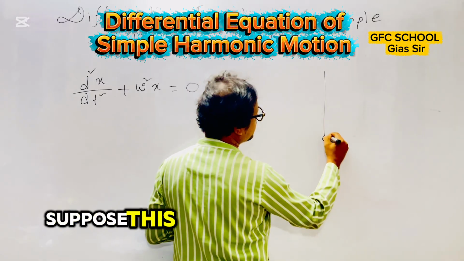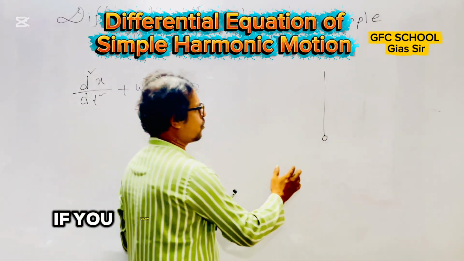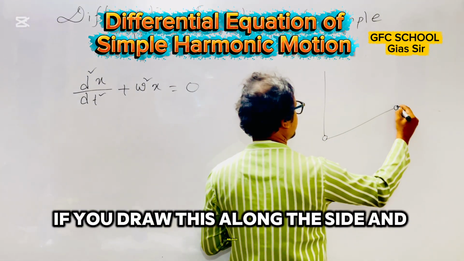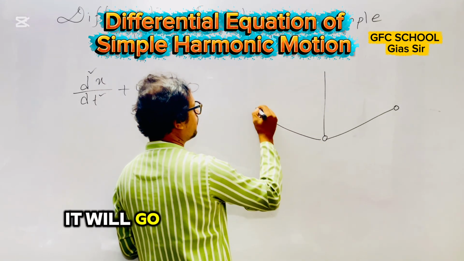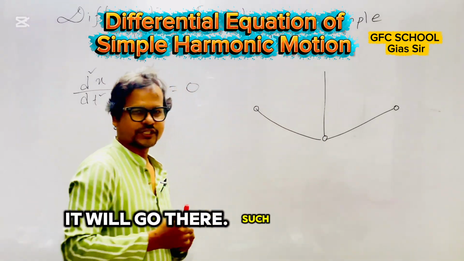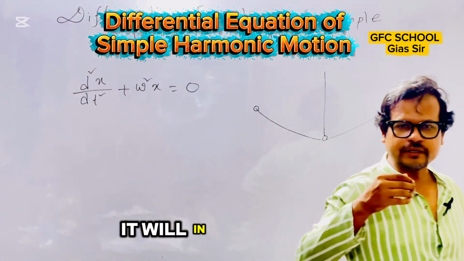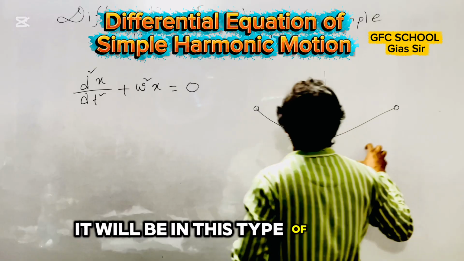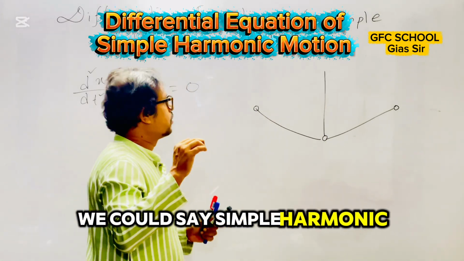Suppose this is a string and there is a ball. If you draw it along the side and release, it will come here, again it will go there. In such a way it will vibrate. This type of motion we could call simple harmonic motion.